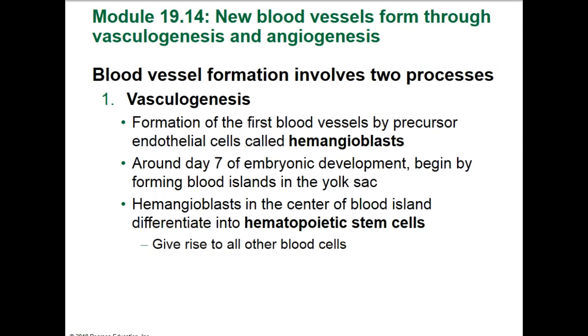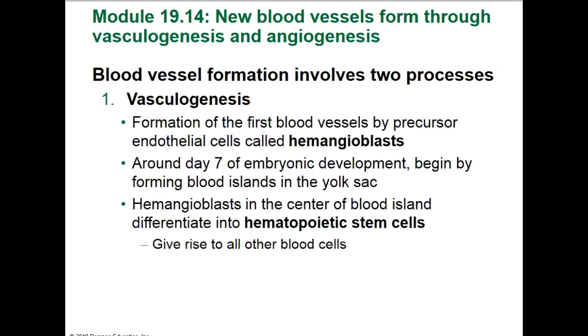Okay, so when we're forming blood vessels, we call this vasculogenesis. And you've probably heard that term used before. I'm sure you've heard the term genesis used in other parts of the anatomy when we're forming anything. This is the formation of the first blood vessels by the precursor endothelial cells, and we call those hemangioblasts.